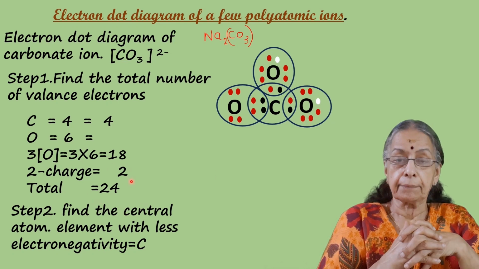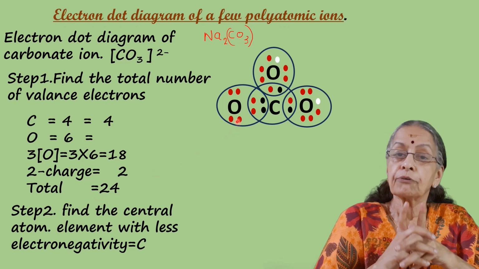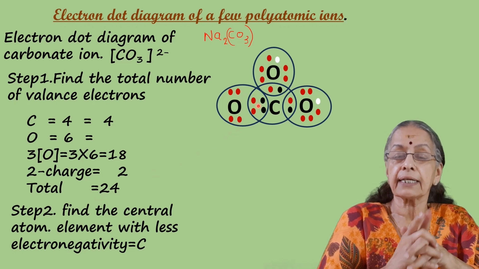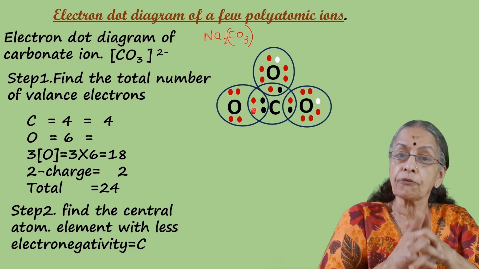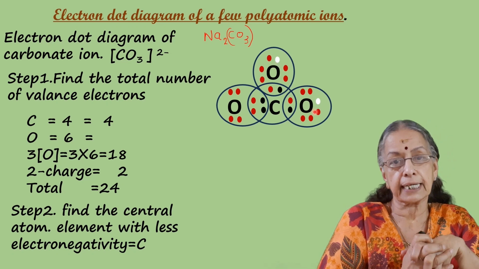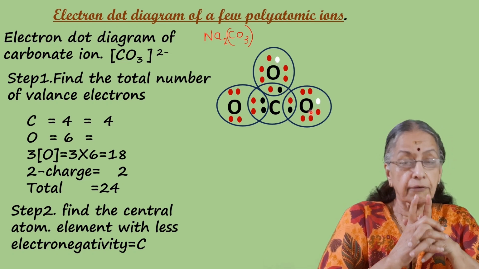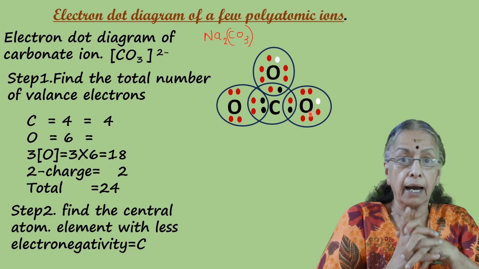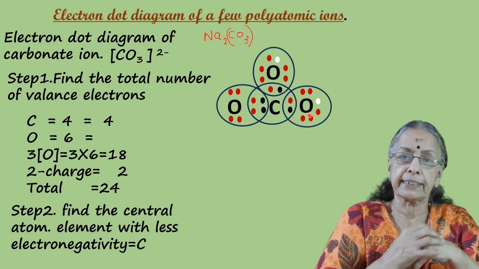Now let us check whether 24 electrons are shown correctly. For the oxygen atom on the left hand side, there are 8 electrons, including the electron of carbon atom. Similarly, for the other 2 oxygen atoms also, there are 8 electrons, including the valence electrons of carbon and the extra electrons which are shown in white color.